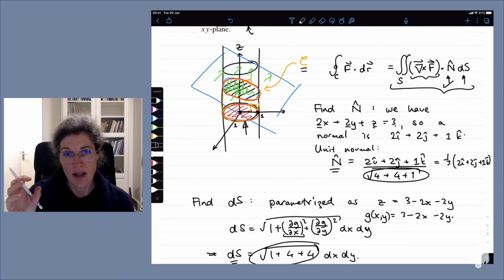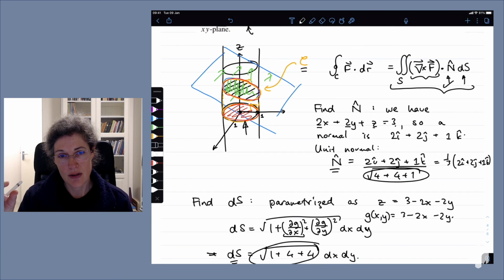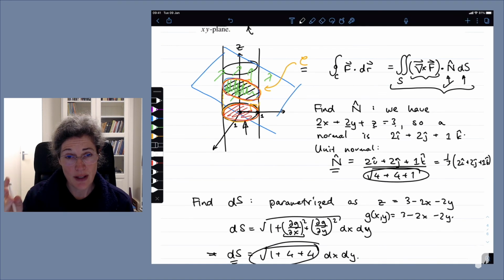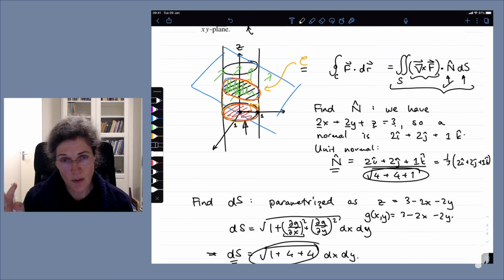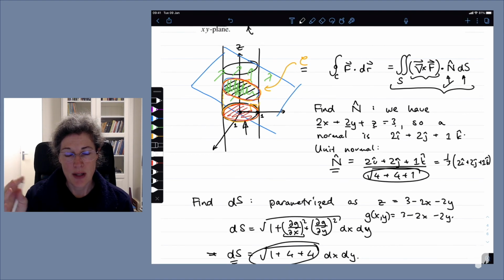We have two different kinds of surface elements: the scalar one that we use if we're integrating a scalar field, and the surface elements that we need if we're going to integrate a vector field. So just practice working with both of those. Get comfortable with that and with doing those integrations. We're not going to use general parameterizations in u and v. So we'll pretty much always be dealing with integrating over surfaces that are expressed in terms of x and y.